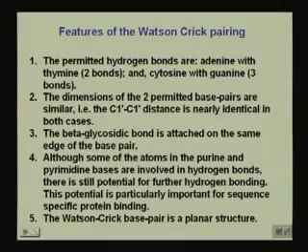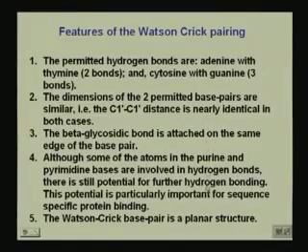Now, this is important because later on these may be involved in interactions with proteins or interactions with other compounds. Okay? And another thing that is important is that the Watson-Crick base pair is a planar structure, and this is going to have certain implications in the stacking of the bases in the structure of DNA. Okay? So, these are the features.